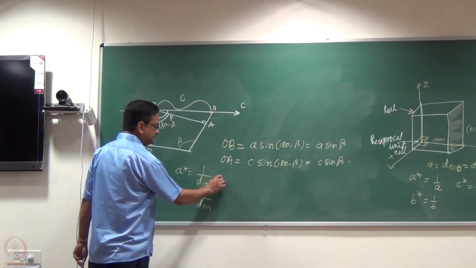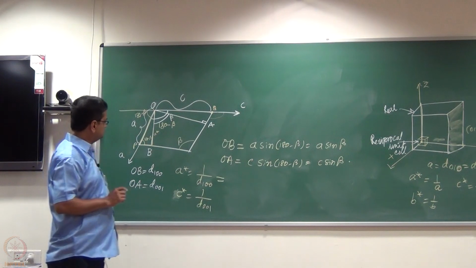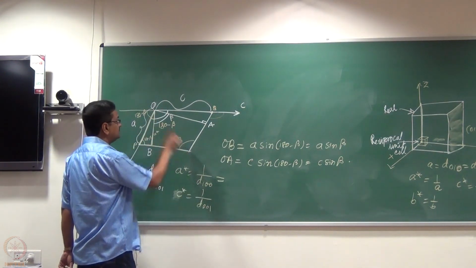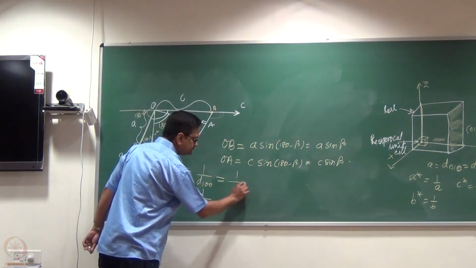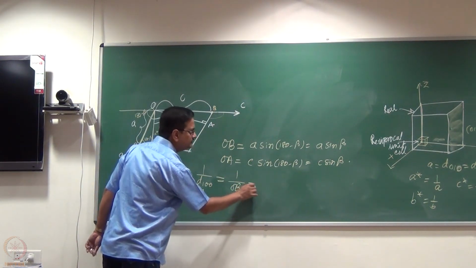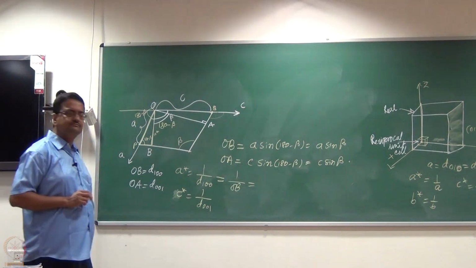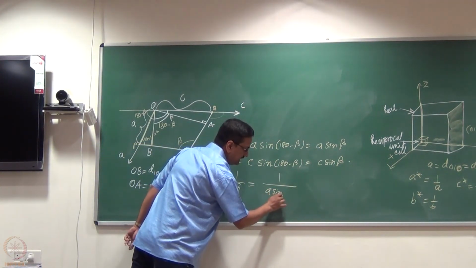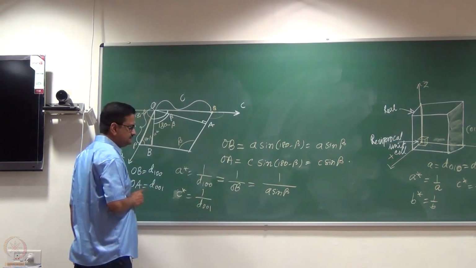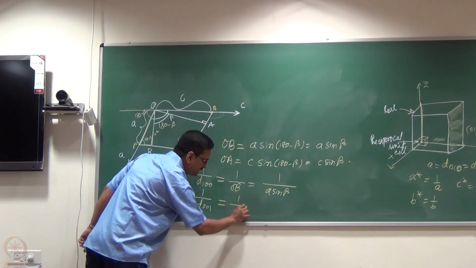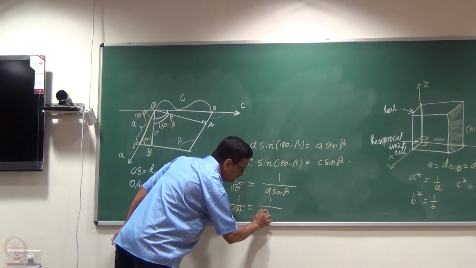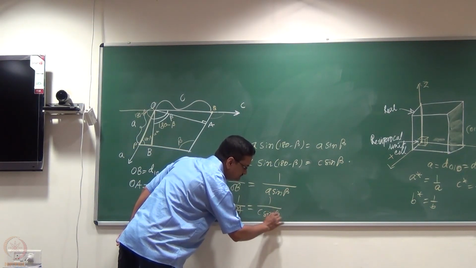So A star is 1 by d100, that is OB, that is equal to 1 by A sine beta, and this is equal to 1 by OA, which is 1 by C sine beta.